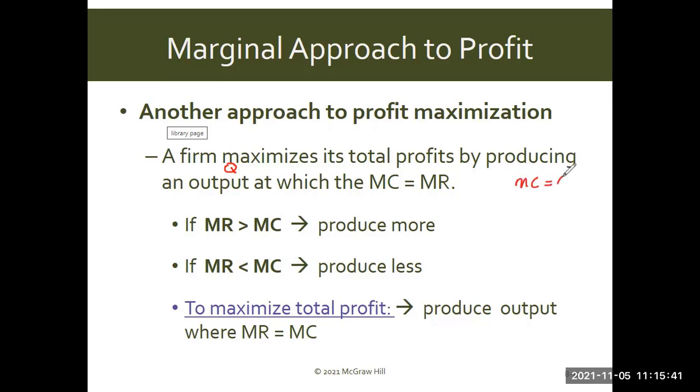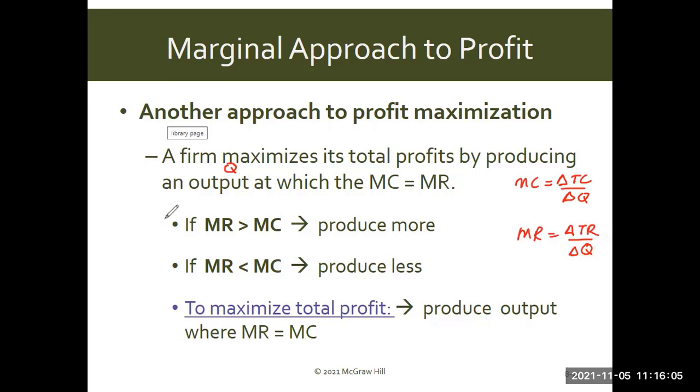So marginal cost is the change in total cost to produce one more unit of output. And just earlier in this chapter, we determined that marginal revenue was the change in total revenue received from producing and selling one more unit of output. So those two are very similar, but opposite sides of the same coin, so to speak.